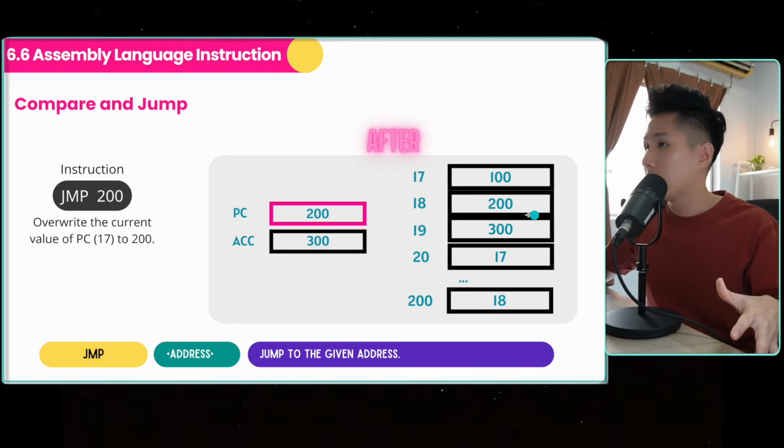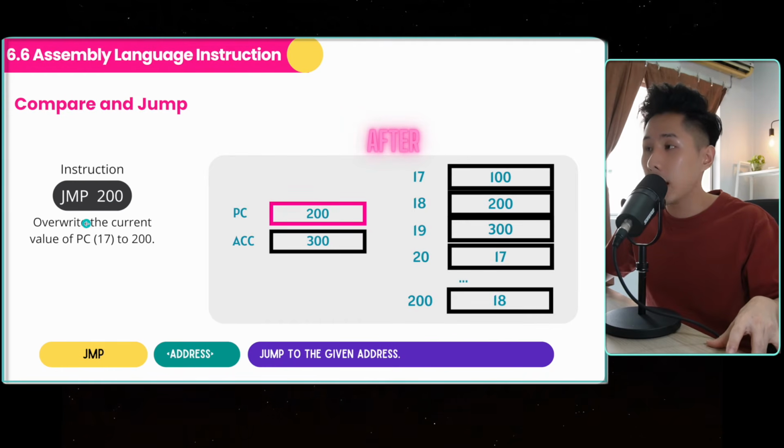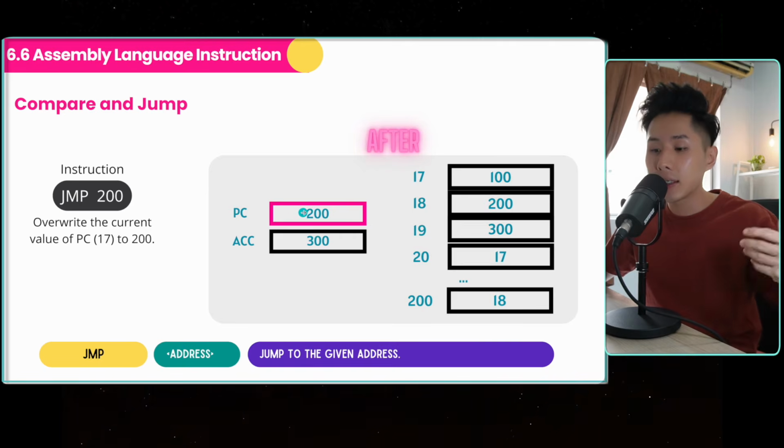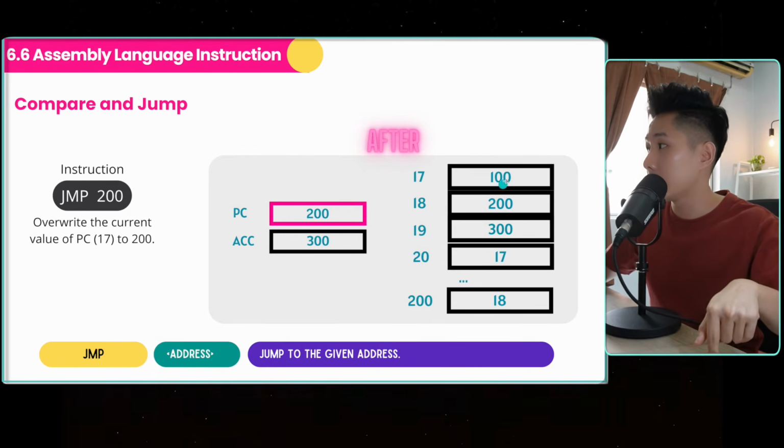So if you use the instruction JMP 200, essentially you are overriding the current value of PC to 200. So you are essentially telling the program that in the next instruction, instead of executing the instruction at location 17, I want you to execute the instruction located at 200.